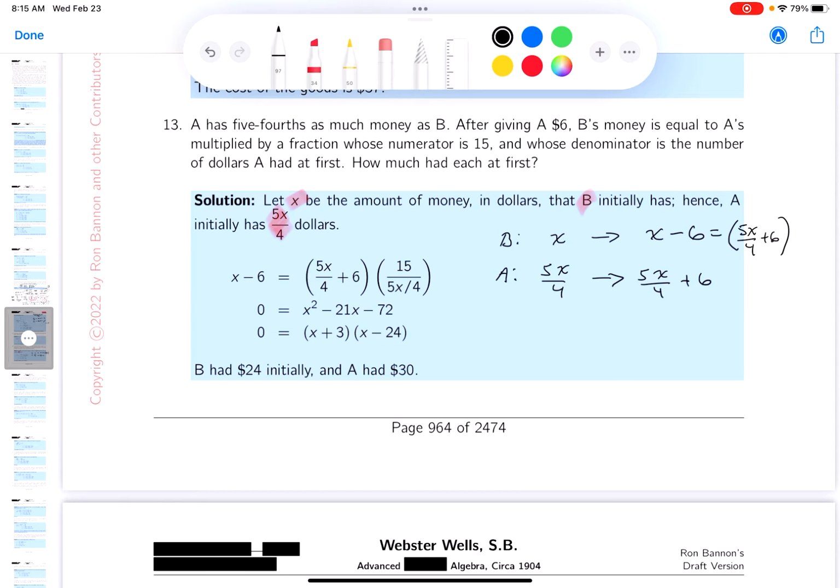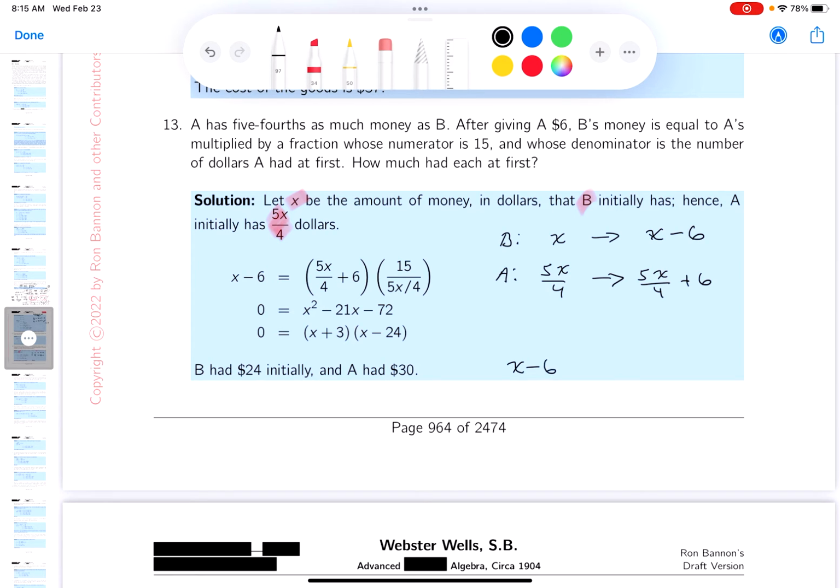Let me write this over here. I got to make sense out of this. You know what? I can't fit it in. I'm going to erase this. I'm going to write that down for you.